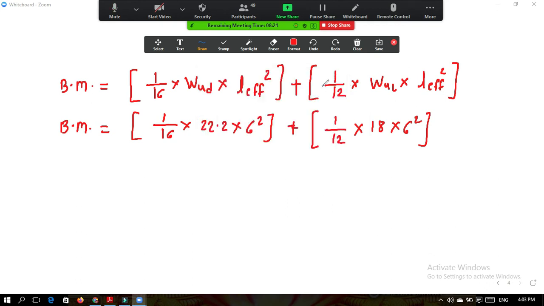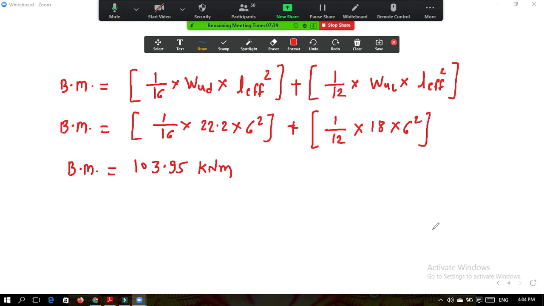103.95. So the bending moment is 103.95, is it correct? So the bending moment is 103.95 kilonewton meter. So this is our bending moment. That is what we have calculated. See which is the maximum positive moment and see the maximum negative moment.